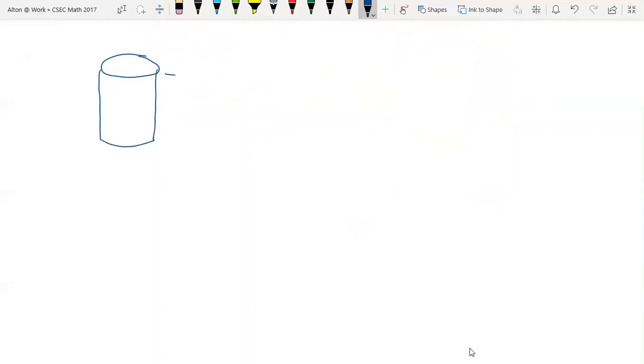And we're told the height of this cylinder is 8 centimeters. Right. And the radius here, the radius is 3 centimeters.